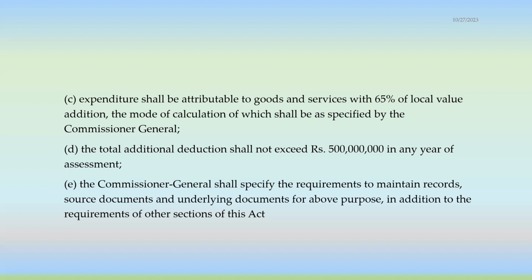Then the last one is the Commissioner General shall specify the requirement to record source documents and underlying documents for the above purpose, in addition to the requirements of other sections of this Act.